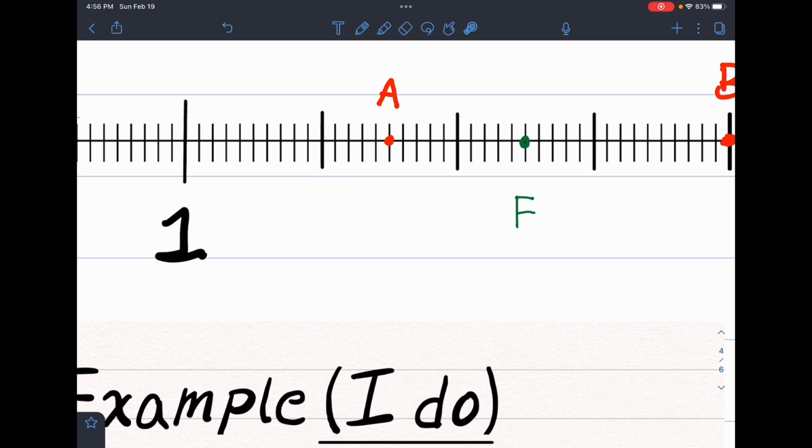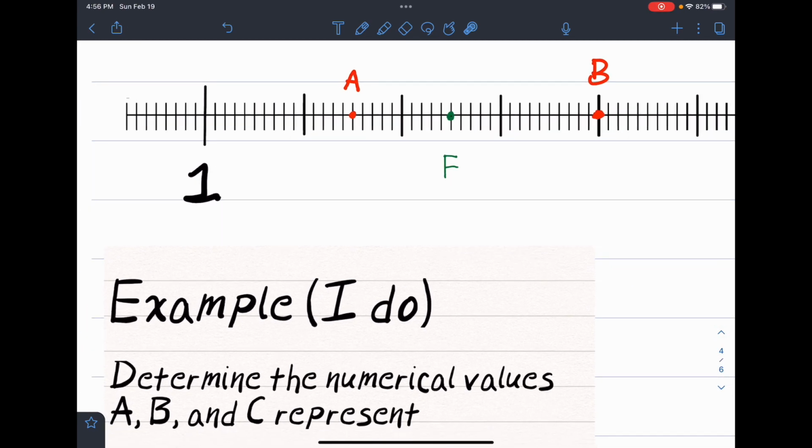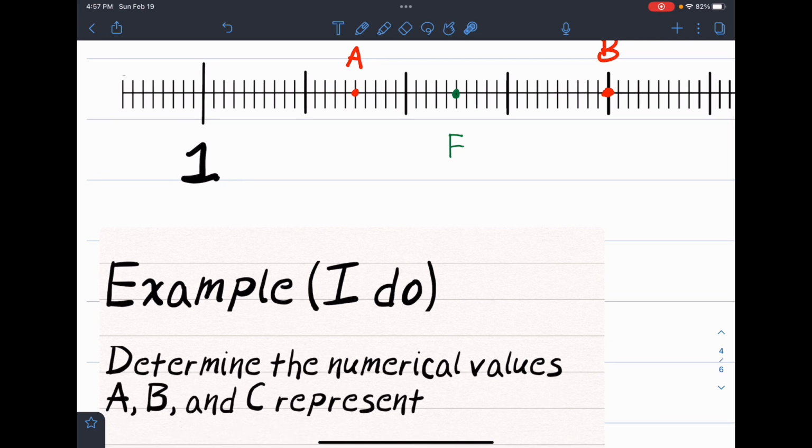So they actually represent a step size of 1/100. So we have step sizes of length 1, of length 1/10, and of length 1/100. Okay, so let's look at point A. If we're going to figure out the decimal value of A, the first thing we do is we look for the closest whole number to the left.